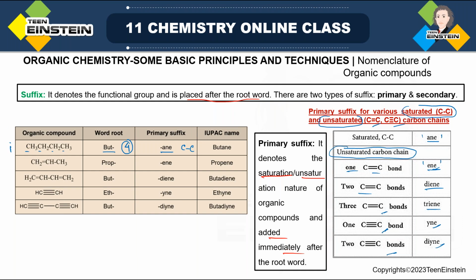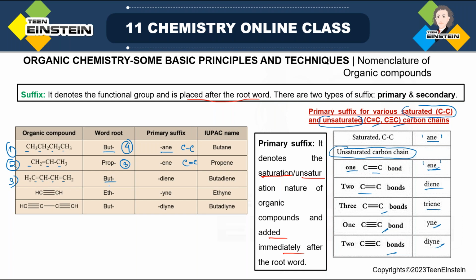Similarly, in the second example, we have a total of 3 carbons, but we have 1 CC double bond. So for 3 carbons, it must be prop, and for the 1 CC double bond we are using the primary suffix ENE, so just add these two terms, it will be propene. Come to the next example, a total of 4 carbons.